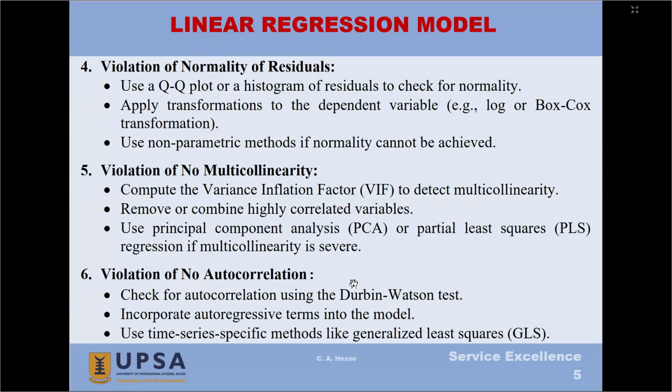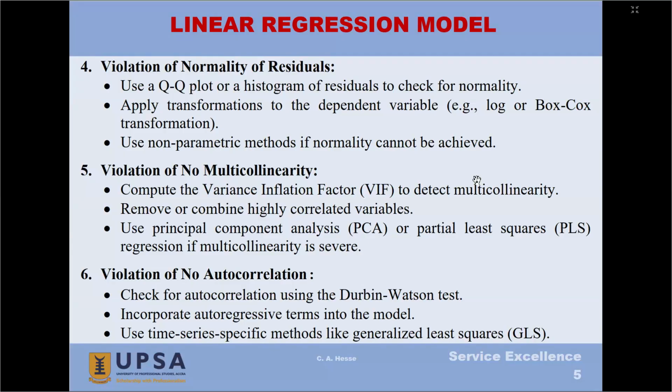Violation of normality: you can use a QQ plot or do a normality check, the Shapiro-Wilk test, to test for normality. When there's no normality, sometimes you can apply transformation in order to resolve that, or use a non-parametric method if normality cannot be achieved. And violation of no multi-collinearity: first, you use the variance inflation factor, the VIF, to determine if there's multi-collinearity.